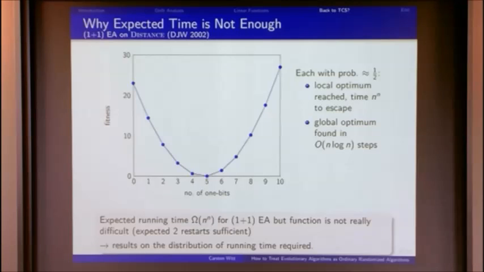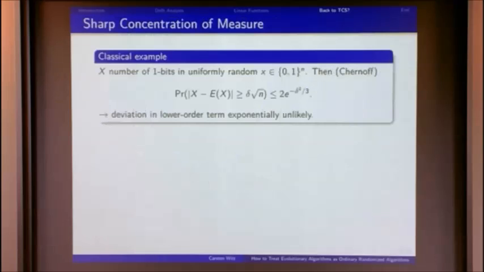And this is also something that is quite common in analysis of algorithms and stochastic processes. We would like to talk about concentration of measure, looking into, for example, the number of 1 bits in the initial bit string. It is well known that this is very sharply concentrated around the expected value. In expectation, we have n/2 1 bits.